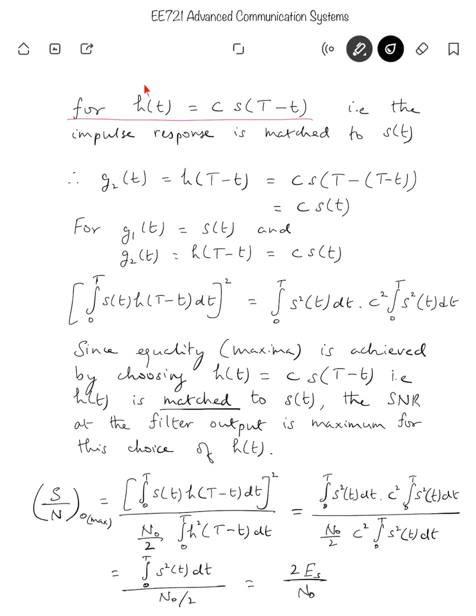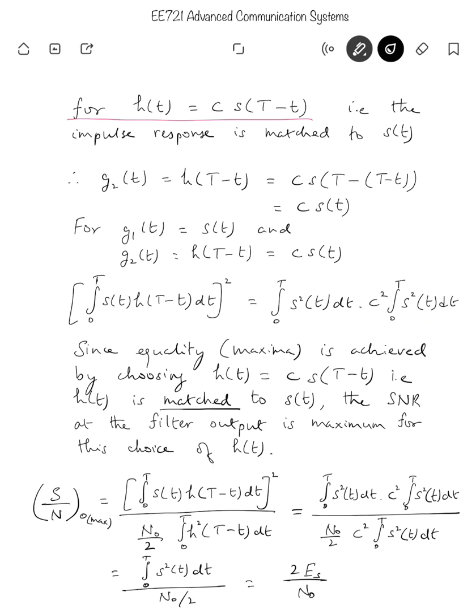Because we chose the impulse response to be matched to the signal s of t, h of t minus tau simply becomes c times s of t, right? So we're just going to substitute these in our equations. In place of g1 of t we have s of t, and in place of g2 of t, which is h of t minus tau, we have c times s of t.